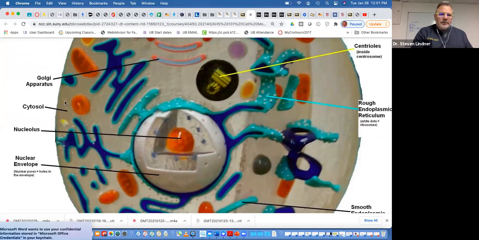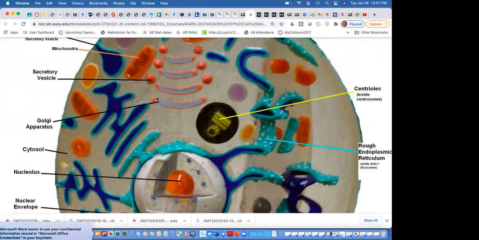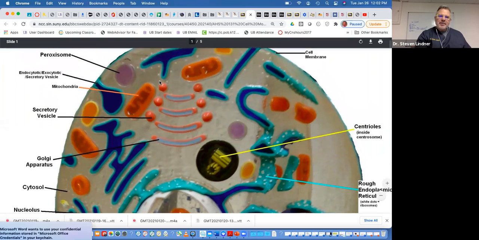Okay, the clear liquid is the cytosol. The stacked version of the pancakes here, that is the Golgi complex, the Golgi apparatus. Now, what that does is it takes the proteins that are produced and it can repackage them and ship them out.